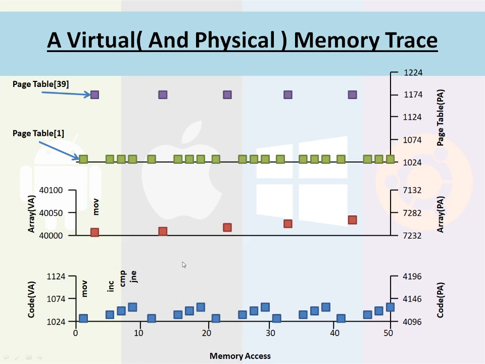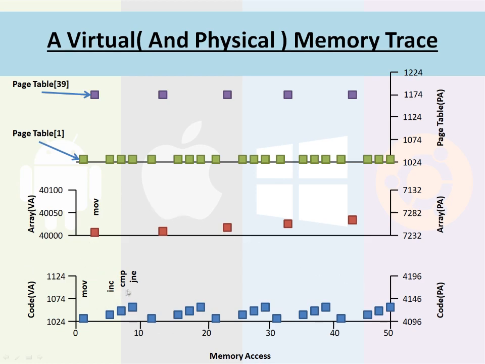So what are these graphs actually representing? Well, the bottommost graph shows the instruction memory references, and on the y-axis, the virtual address is on the left and the actual physical address is on the right.